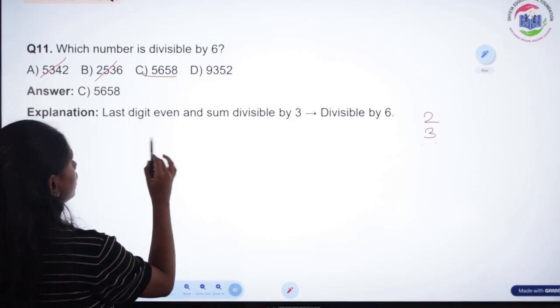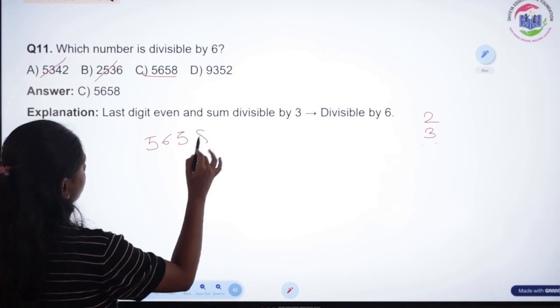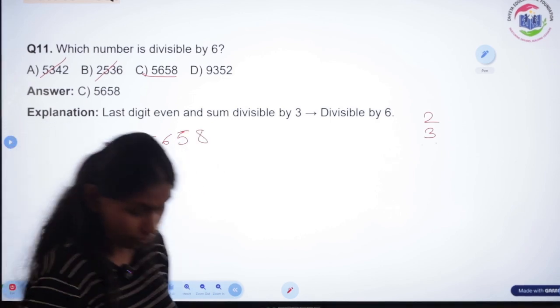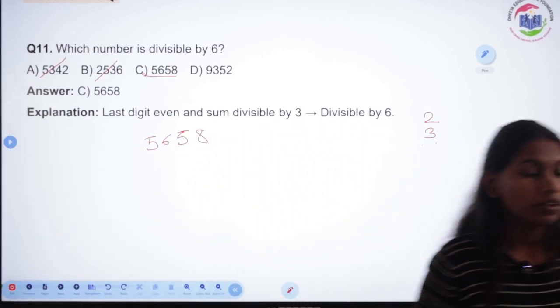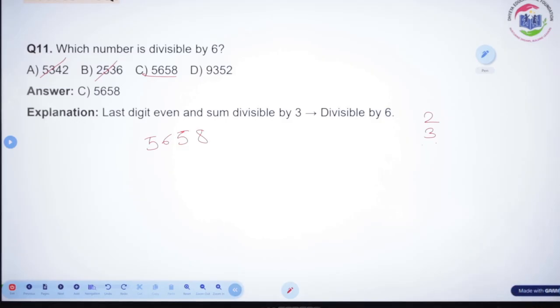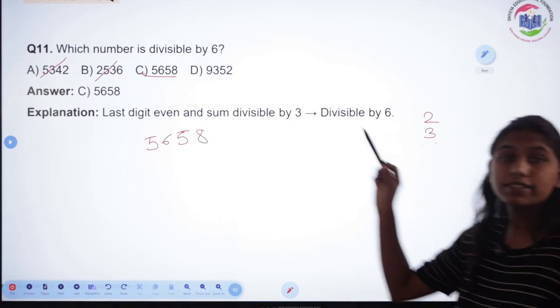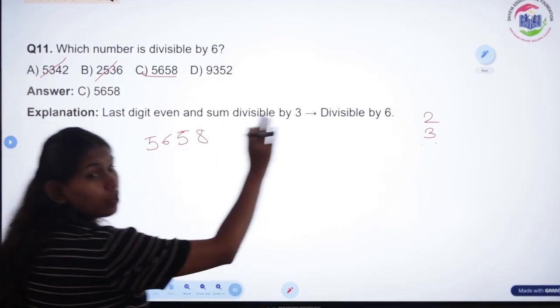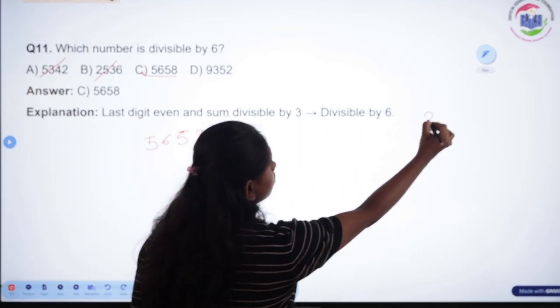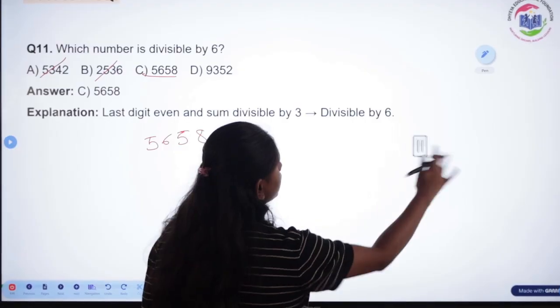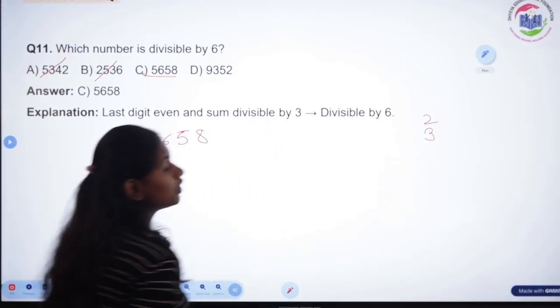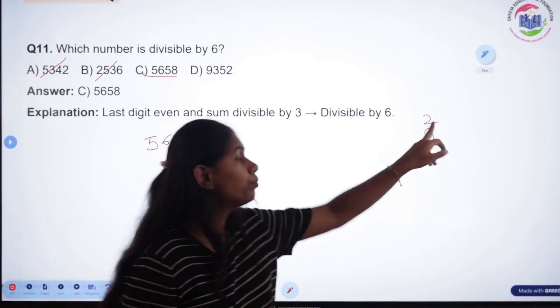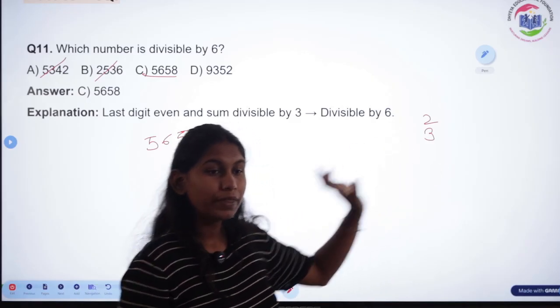Now option number C, that is 5, 6, 5, 8. In this you have to check whether it satisfies both conditions: it should be divisible by 2 and it should be divisible by 3.